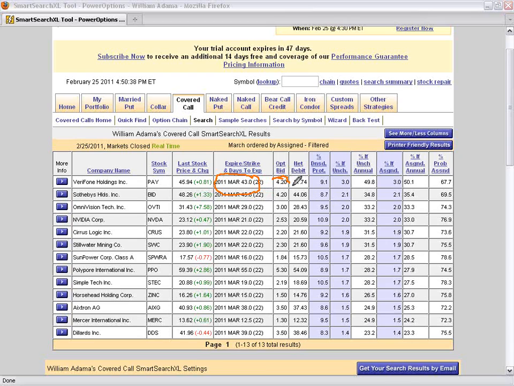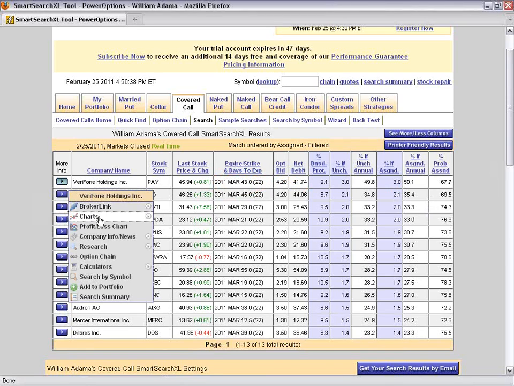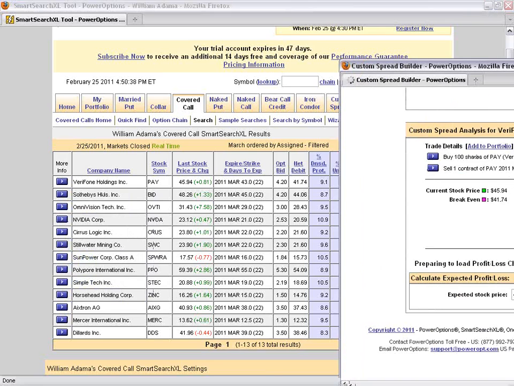So this would lower our net debit to $41.74. If the stock stays above 43 at March expiration, we could expect to make 3%. That's the maximum we can make, right? Let's take a look at that profit and loss chart. Stock's trading above 43. If we just leave the call open, we can't make anything more than that 3% return, of course.